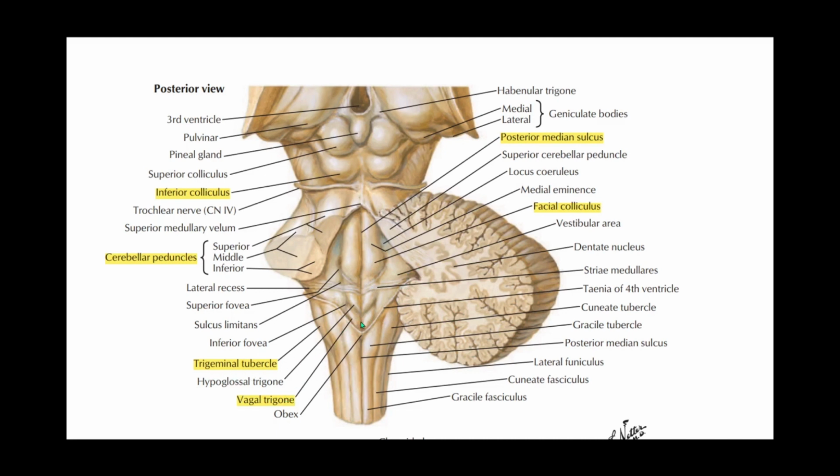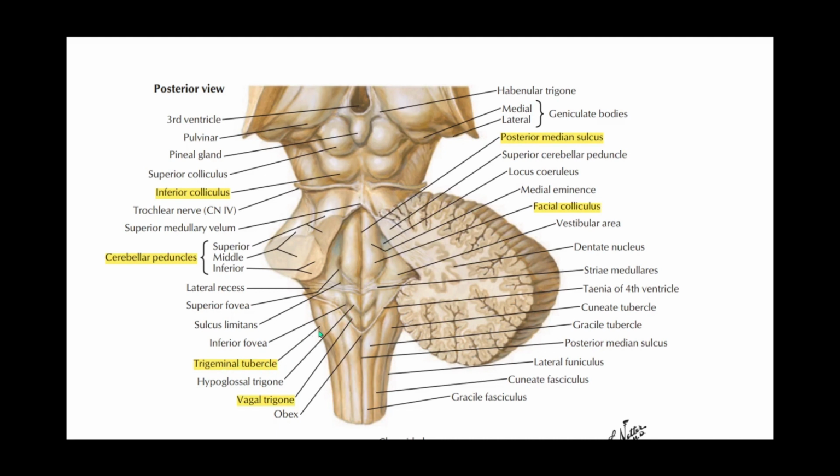If you look at all these things, these are projections, elevations. Beneath these elevations, you have nuclei of cranial nerves. Like you see, this is the facial colliculus. Beneath it, you have the nucleus of the facial nerve. This is the trigeminal tubercle.